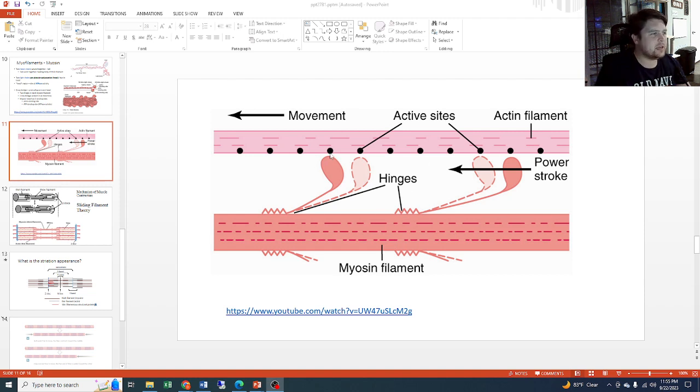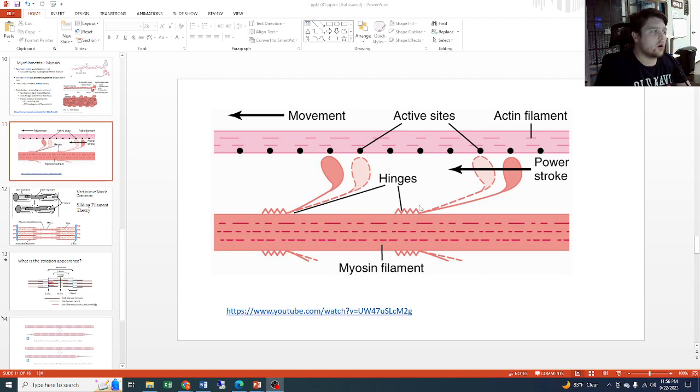So when ATP binds to the myosin head, the myosin head is going to release off of the actin filament and stretch and recock and reset, to then, bam, connect again and pull. ATP binds, it releases, resets, binds, and pulls, and so on.